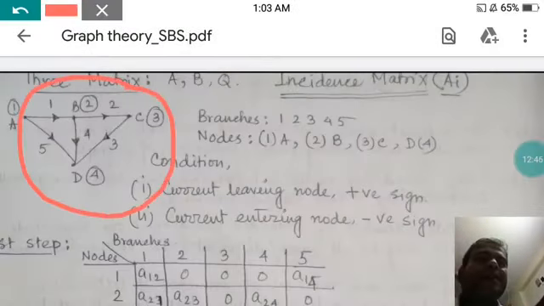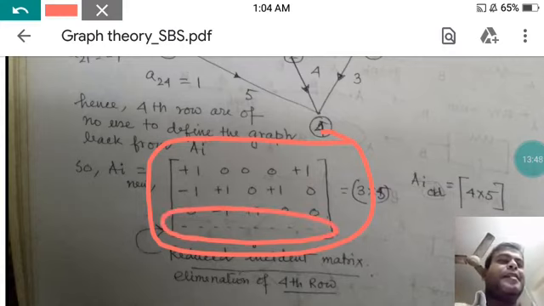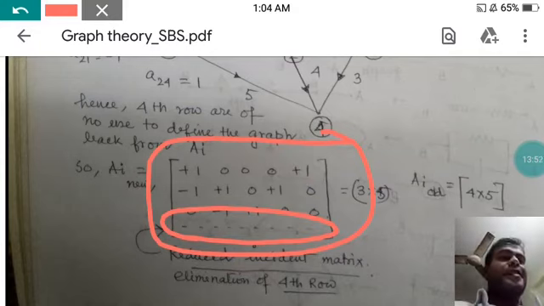So by deleting the 4th row, you can see what the final matrix has come to. This is the final matrix, as you can see. Here the 4th row is represented with this dotted line. That matrix has the dimension of 3 cross 5, where the original matrix is 4 cross 5. So this is basically called the reduced incidence matrix.